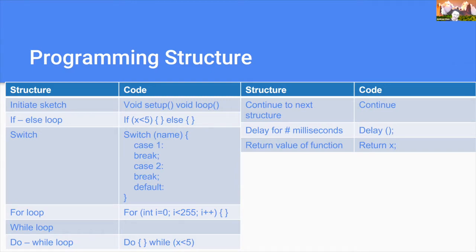You can do a variety of different loops, the for loop, the while loop, and the do while loop. So for the for loop, for instance, you can define for the integer i, a value between 0 and 255. And each time i is incremented by 1. That is one way you can set up the loop. And for that value of i, do a certain task.